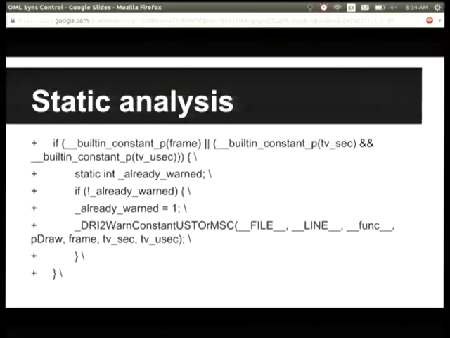Now another piece that we did, in addition to putting together Piglit tests, is this: if there's ever a point in a driver where it passes a constant value for UST or MSC, this must necessarily be a bug.